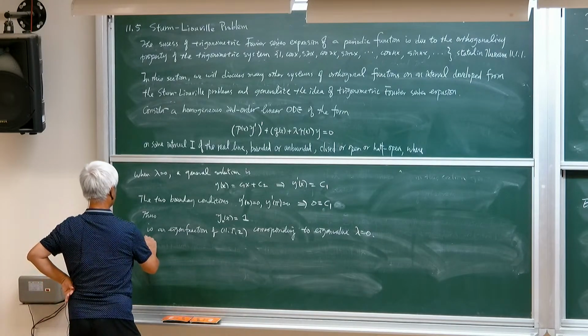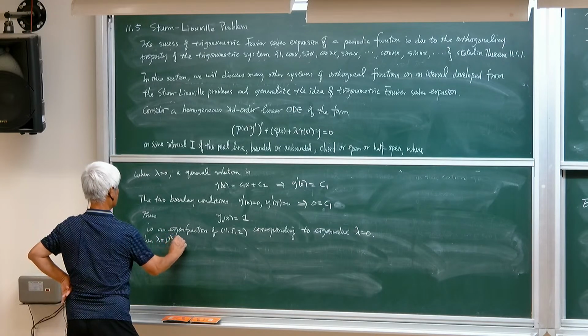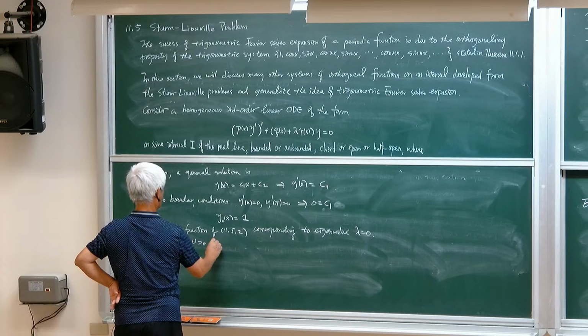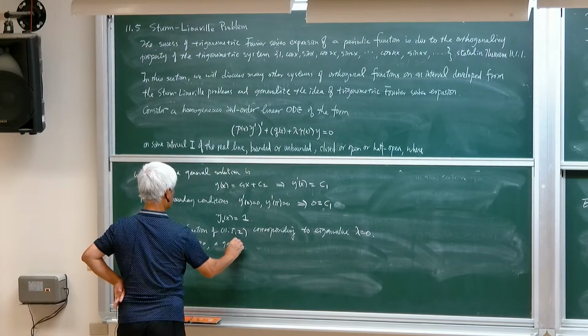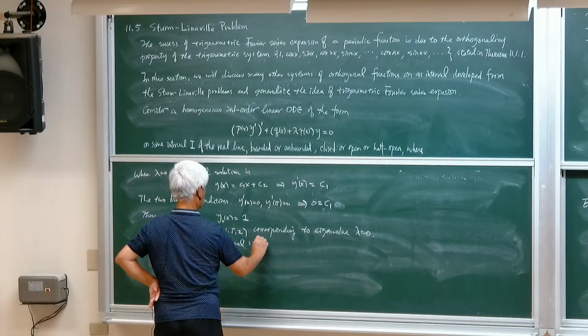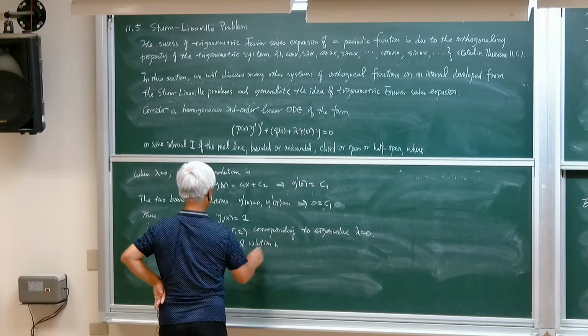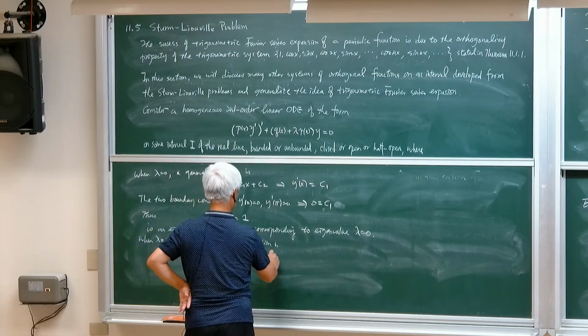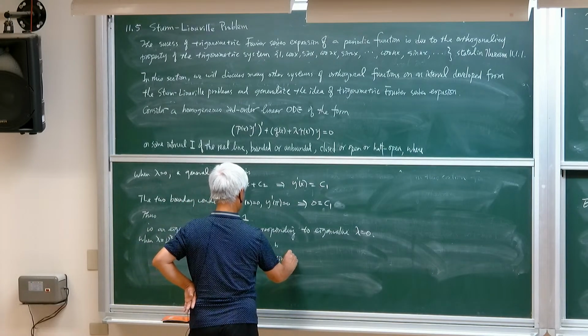Now when lambda is a positive number, a general solution is y of x equal to a cosine nu x plus b sine nu x.